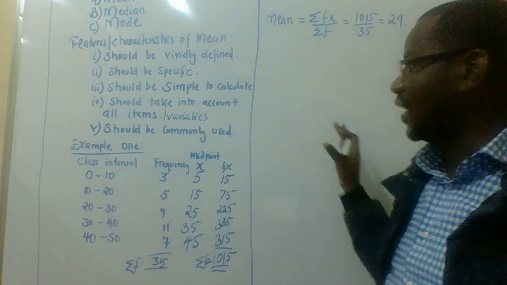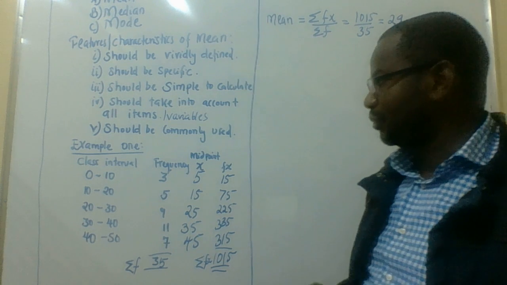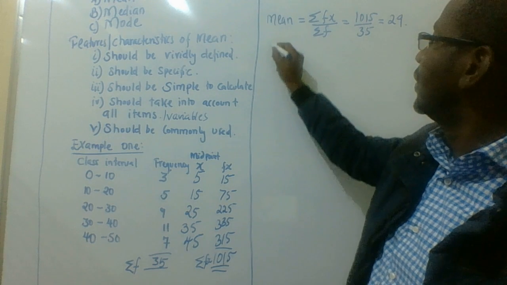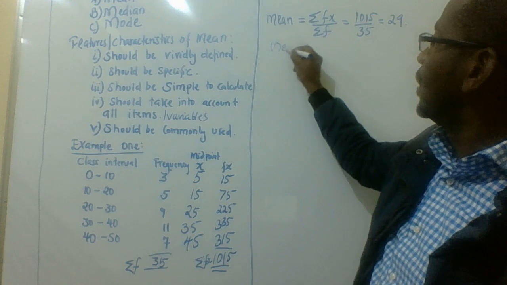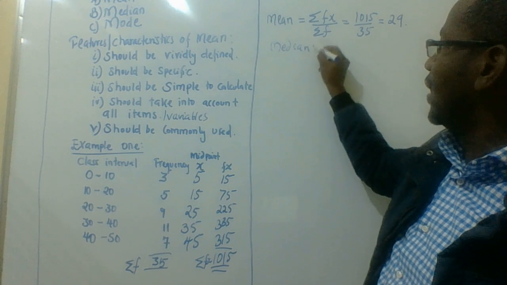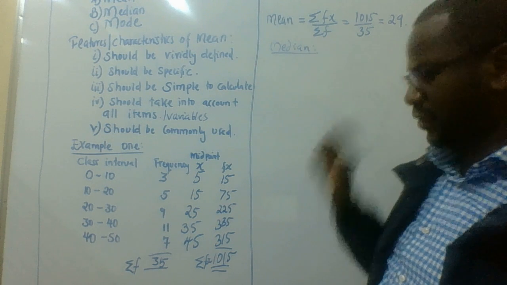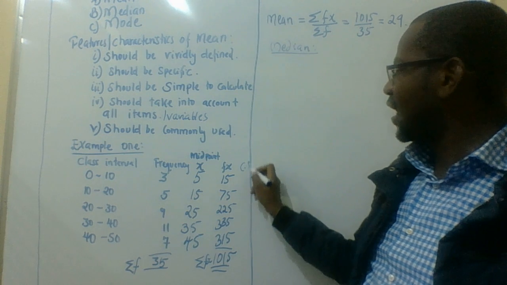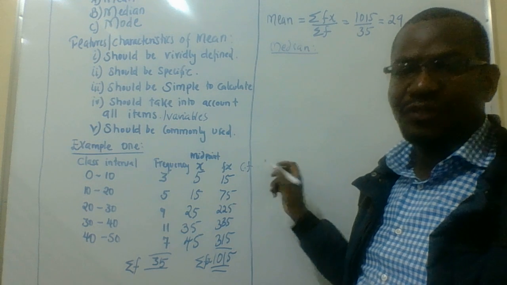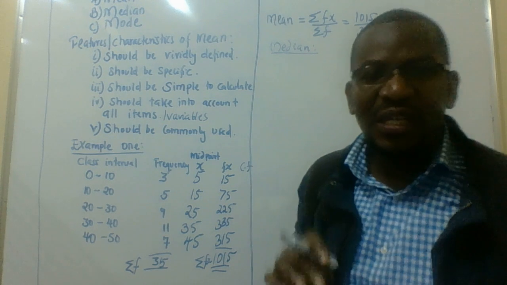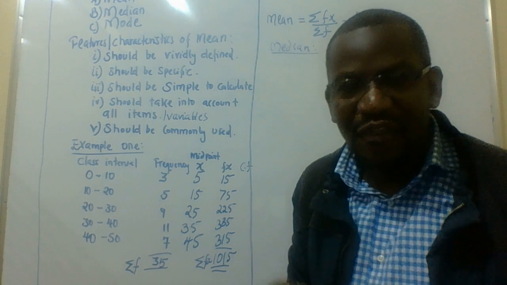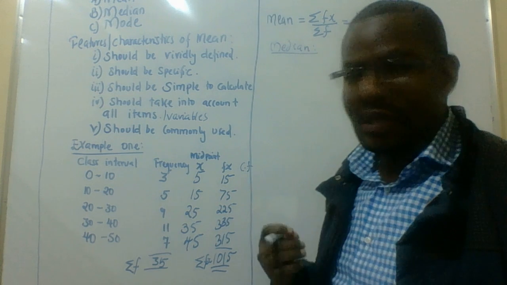So that's how to calculate mean. If you are asked to calculate median, come up with what we call CF, cumulative frequency. With the median, we must get cumulative frequency, which is derived from the frequency.